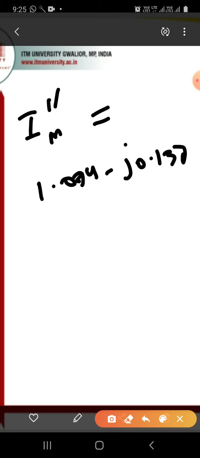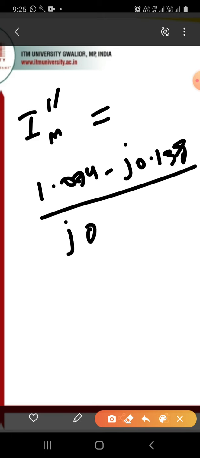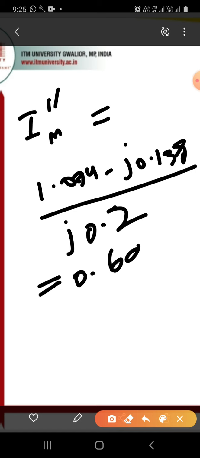So Im double dash will be Em double dash, 1.074 minus j 0.138, divided by the reactance j 0.2. So it will become 0.69 per unit.